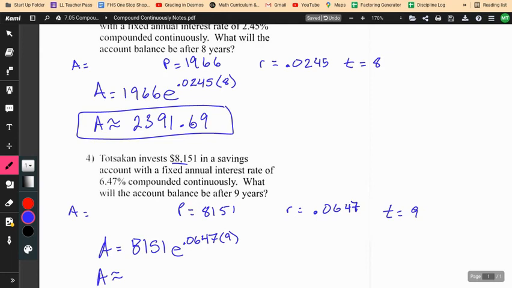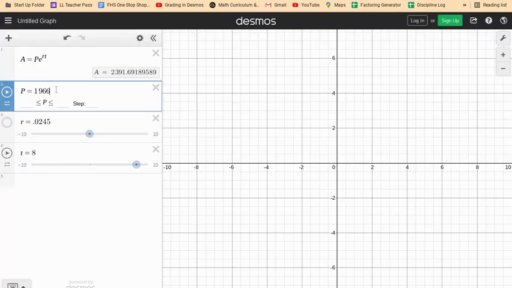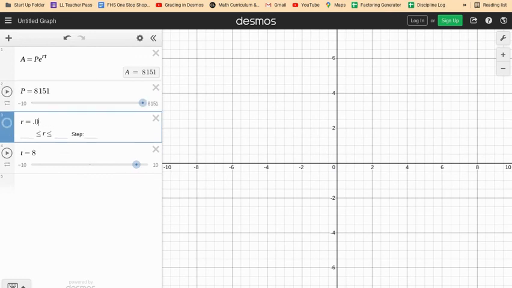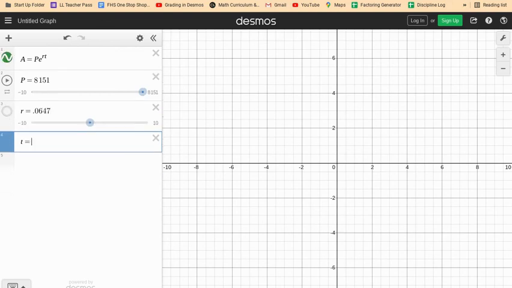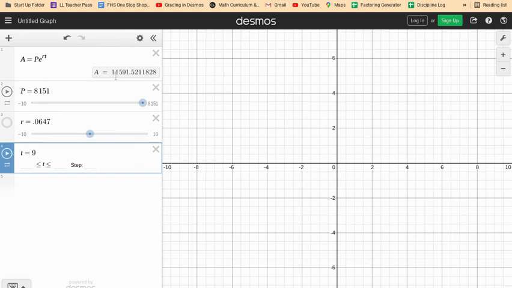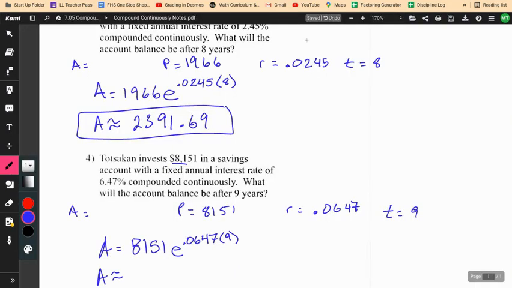And then for number 4, we can come back and change this: 8151, 0.0647. And this is after 9 years. So there we have it. Our other answer, $14,591.52.